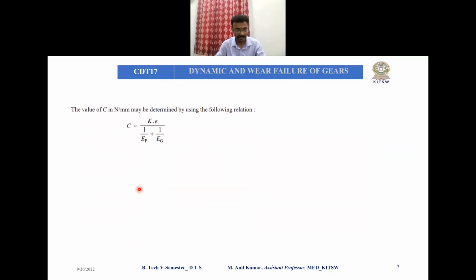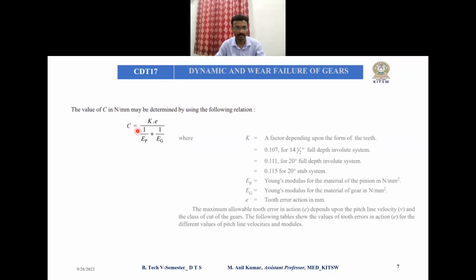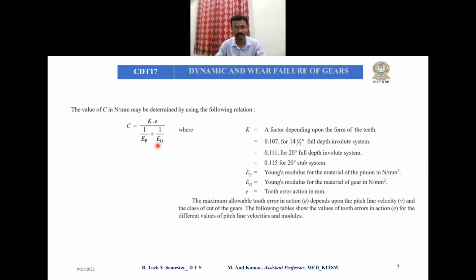Coming to the actual relation of C, it is defined by the following relation: C equal to K into e divided by (1/EP plus 1/EG). EP is Young's modulus for pinion. EG is Young's modulus for gear. K is a factor depending upon the teeth.